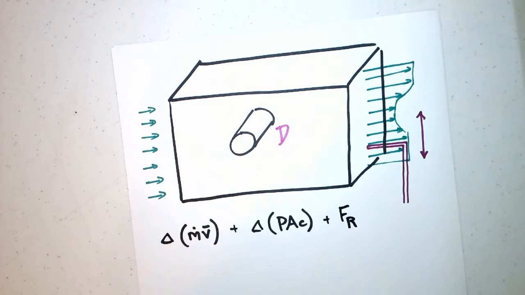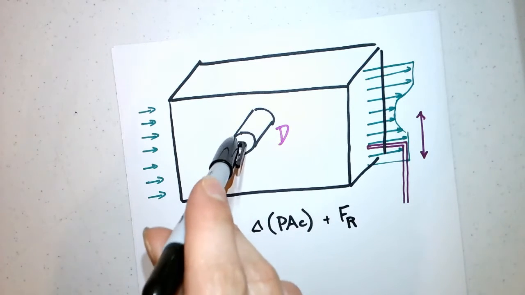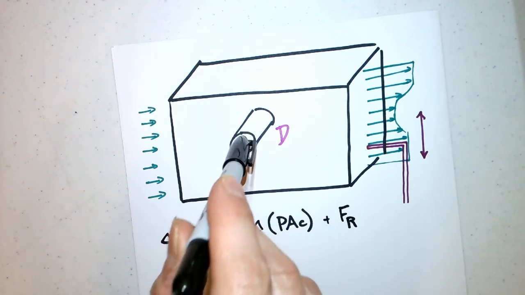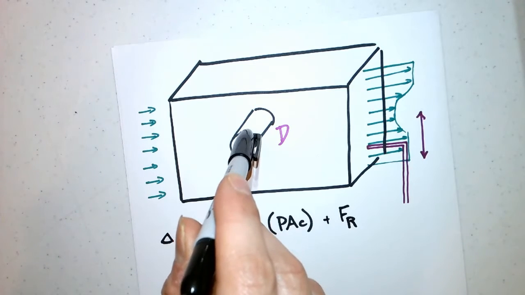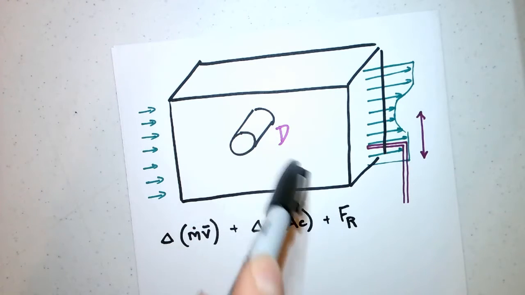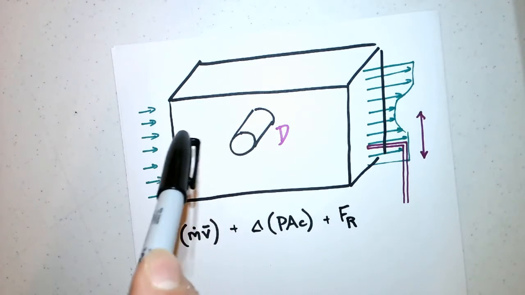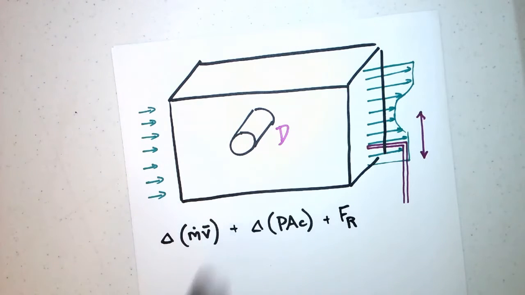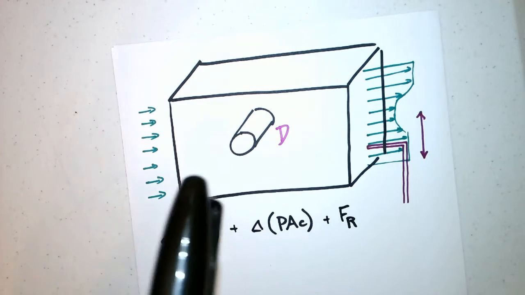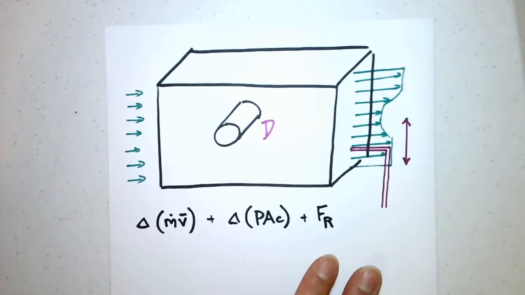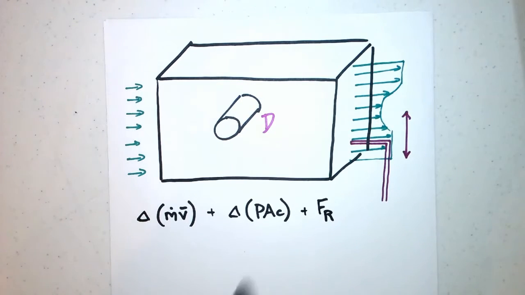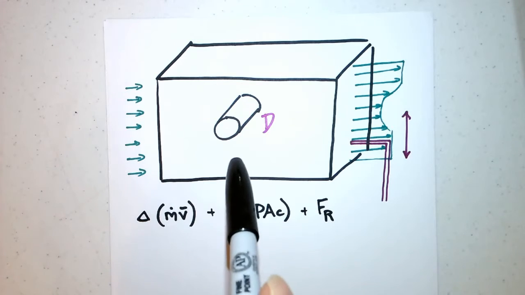My plan is to say that there's some reaction force that's required to hold this cylinder stationary in the presence of this fluid that has to then kind of move around this cylinder. And as I'm describing the assumptions here, another assumption I'm making is that the viscous losses are practically negligible.